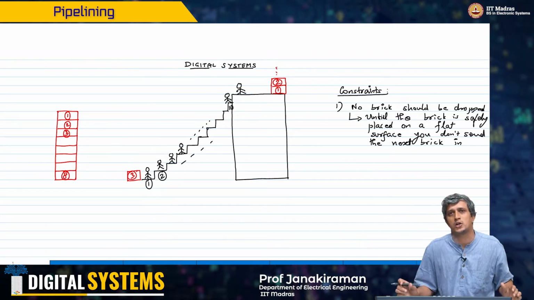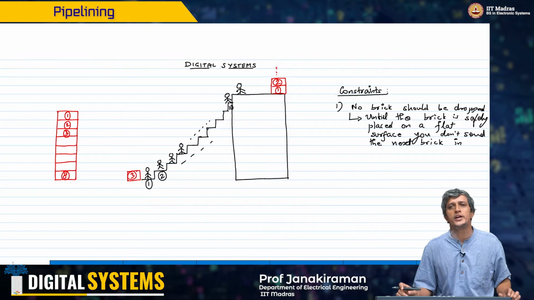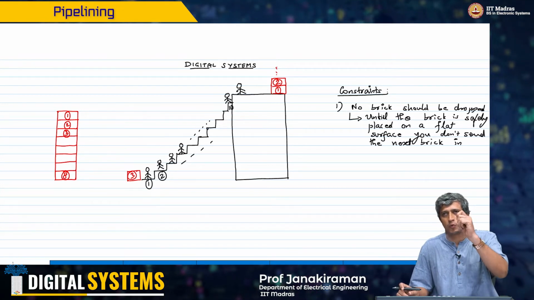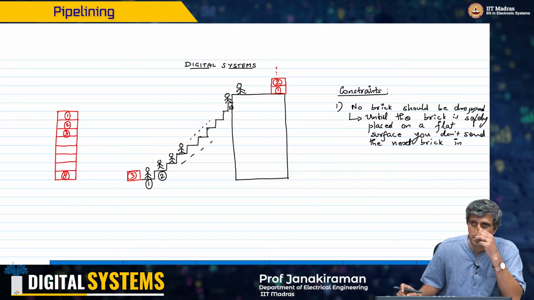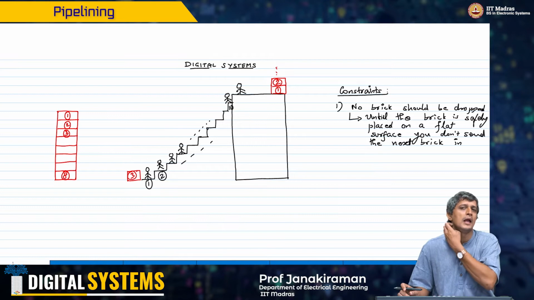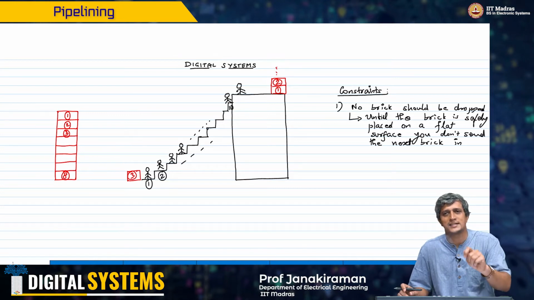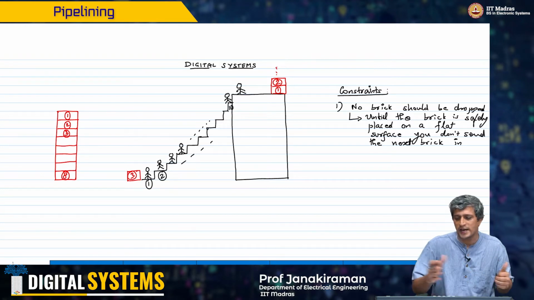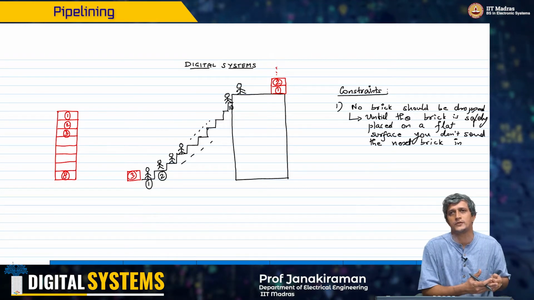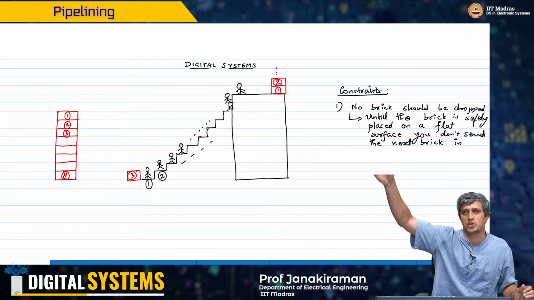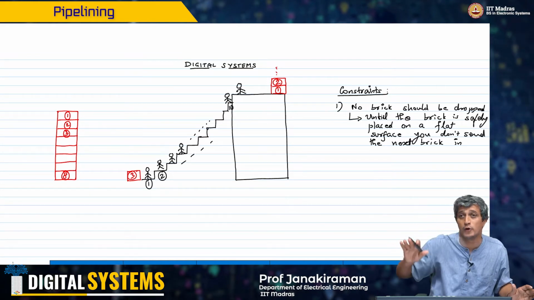So if you ask yourself now, how many units of time did I take to transport 1 brick? Or in other words, I will ask a more interesting question: how long before I can send the next brick into this system? How long it takes is, of course, however long it takes for all these people to transfer it from the bottom to the top. That is not going to change, whatever you do.